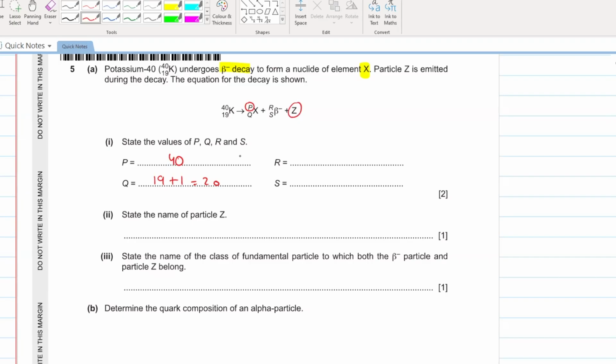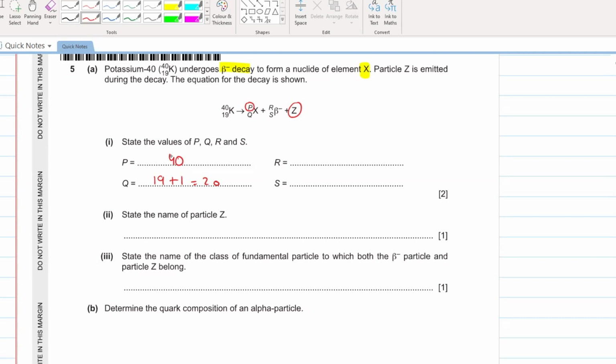Now, what is this particle Z? If you analyze, whenever we have a beta negative decay, which particle is emitted along with it? Do you remember? Do you guys remember from particle physics?